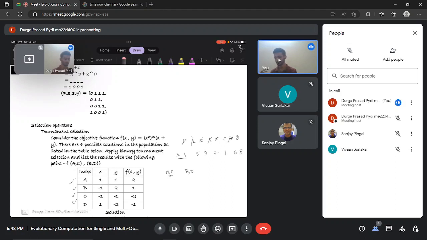Binary selection essentially means you are selecting 2 at a time. Once you select 2 at a time, then you perform the operator. If you want to maximize, then you select the maximum of these. If it is 2 and 4, you select 4. 5 and 3, you select 5. 7 and 1, you select 7. 6 and 8, you select 8. If minimization is your interest, you just do the opposite. I hope it is clear.